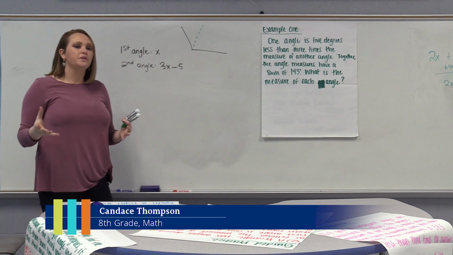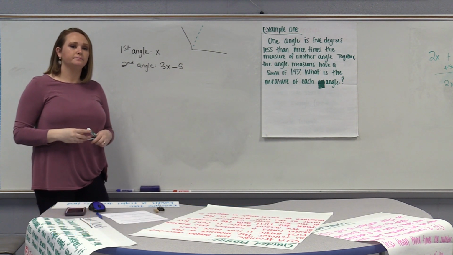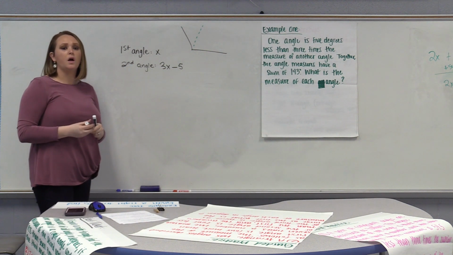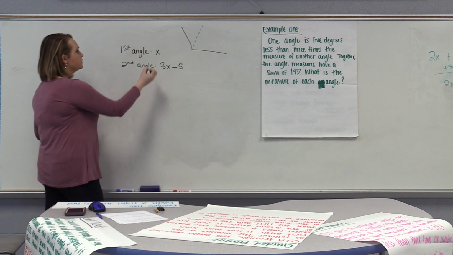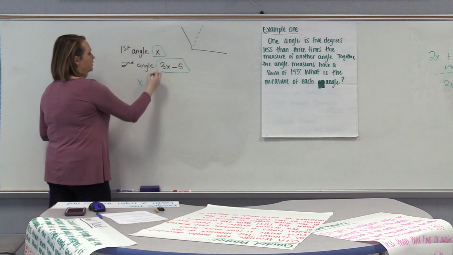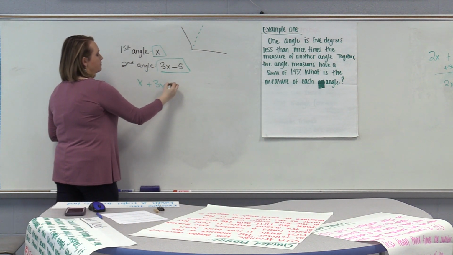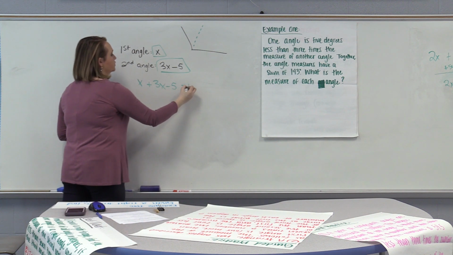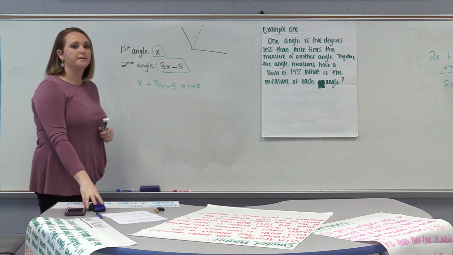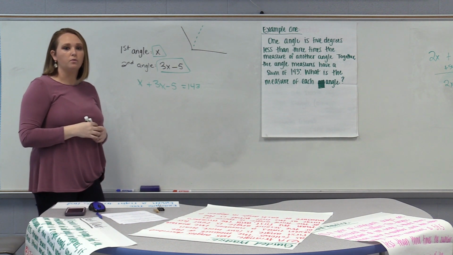What is the equation that represents this situation? Well, I know the sum of these two angles must equal 143 degrees. So my equation is x plus 3x minus 5 equals 143 degrees. Now let's solve for x and determine the measure of each angle.